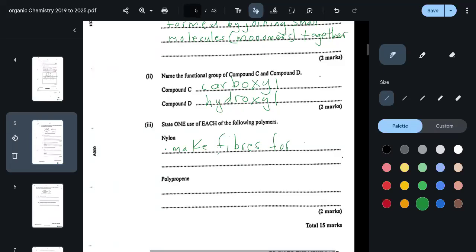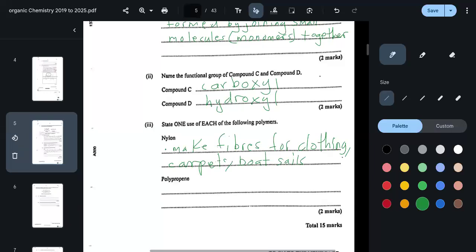I'm going to add clothing first, and then put two more: carpets, used in the clothing industry.